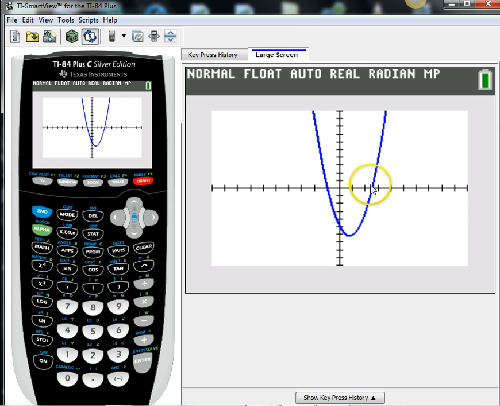We're looking for this X when Y is 0. Now, if I'm going to eyeball this and guess, I'm going to guess that X is a -1. And if I'm going to eyeball this, I'm going to guess that it's 1, 2, maybe it's 2.5.